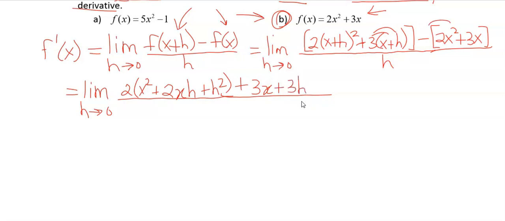And now remember that the minus in front of the second set of brackets distributes through the brackets. So you're going to have minus 2x squared minus 3x. Now watch carefully. You have to show these workings in a quiz or in a test, and I'll be looking at these signs and things to make sure that you're doing this all correctly.